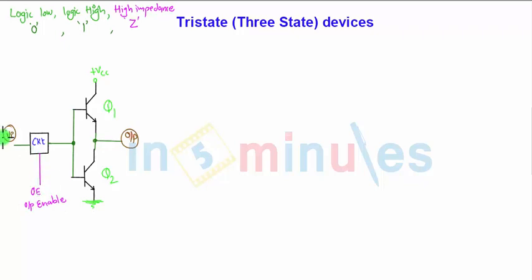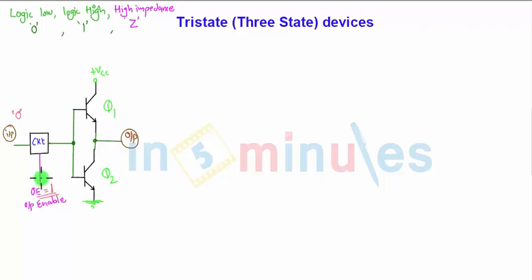Say the input is low, that is nothing but logic low input. Due to the circuit inside these blocks, that is the tri-state circuit having OE, that is output enable, I am enabling this to 1.